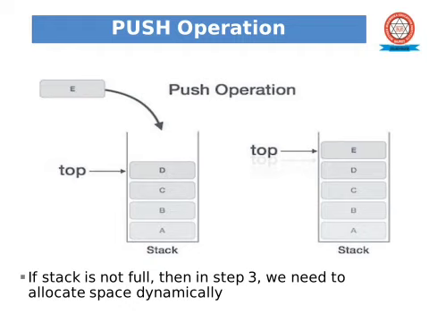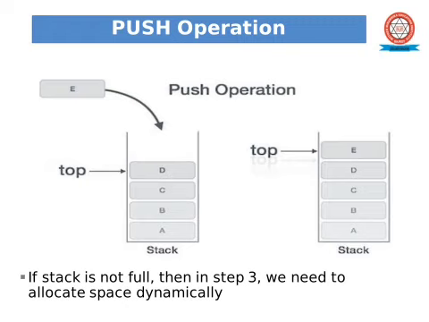Now let's understand push operation with a visual diagram. For example, in a stack you have 4 data elements, that is A, B, C and D. Top is pointing to data element D, that is on top of the stack.